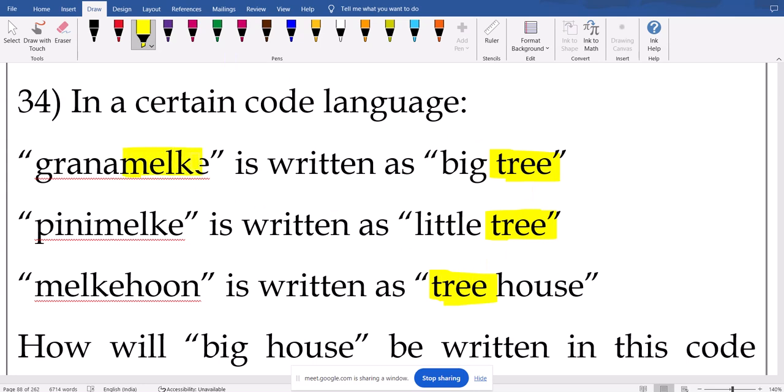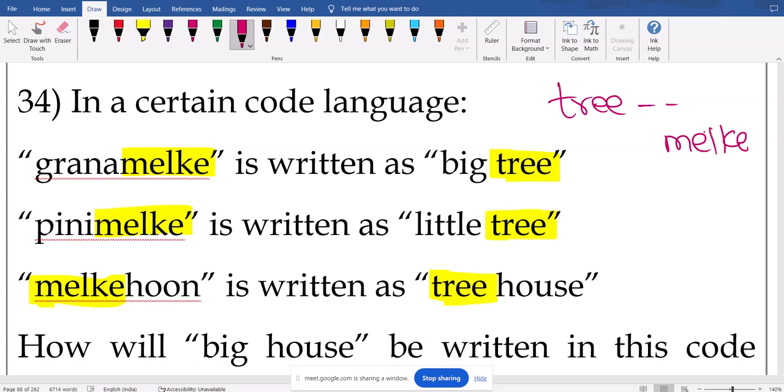Here on the left side it is MELKE, so tree is nothing but MELKE. Now see the position: MELKE at the ending, tree is at the ending. MELKE at the starting, tree is at the starting. So the position is also the same. Wherever MELKE is available, tree comes in the same position.